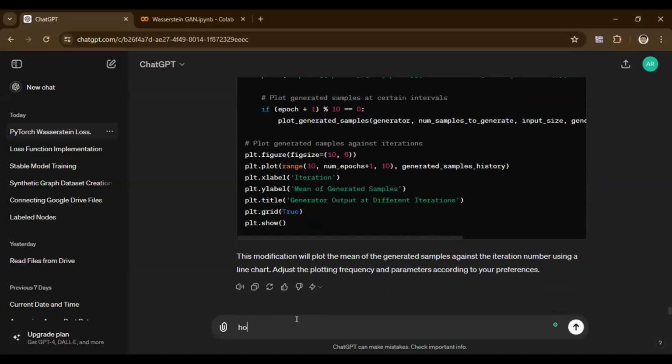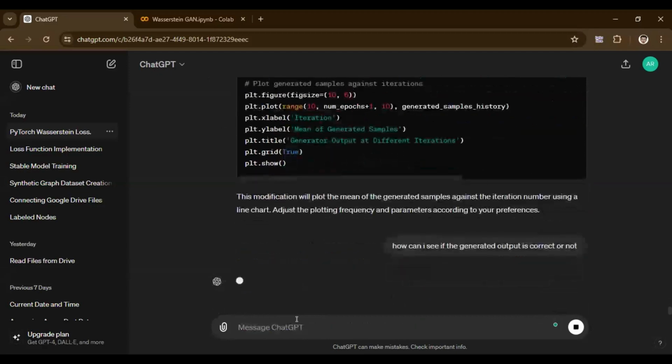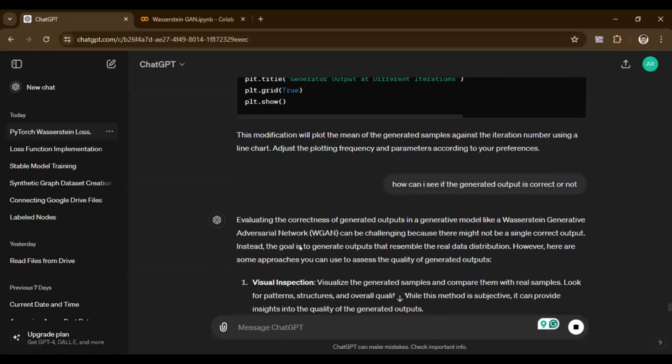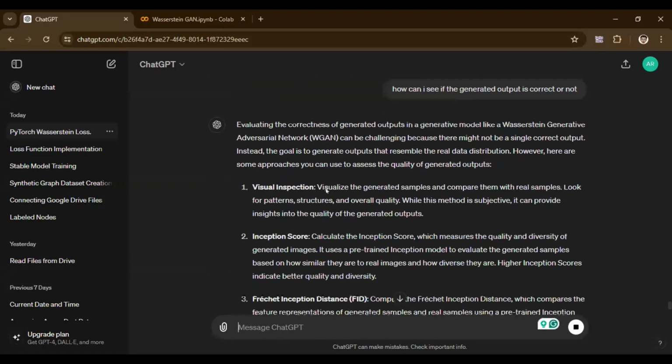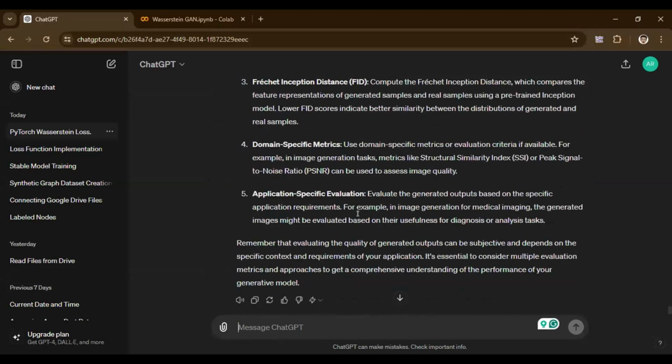Let's see, how can I compare? I can see if the generator output is correct or not. You can do visual inspection, just making sure, but that's subjective.